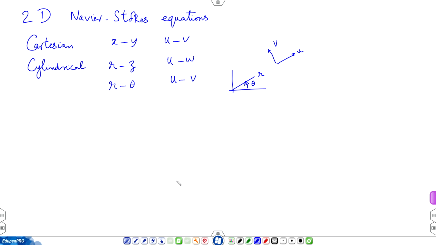The moment you have curvature in the coordinate system, you will have additional terms arising from the derivative del operator. I think some of you called it the gradient operator, because when you differentiate with respect to r and theta, the unit vectors e_r, e_theta are no longer constant. They give rise to curvature terms, and they will all be of the form 1 over r times something, and as r approaches infinity, the curvature terms go away and you get back Cartesian coordinates.